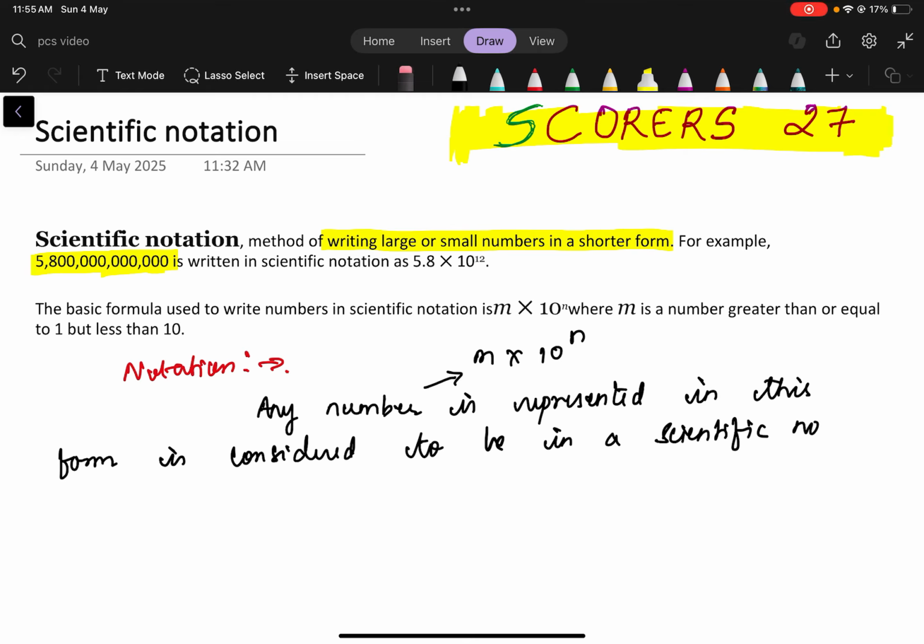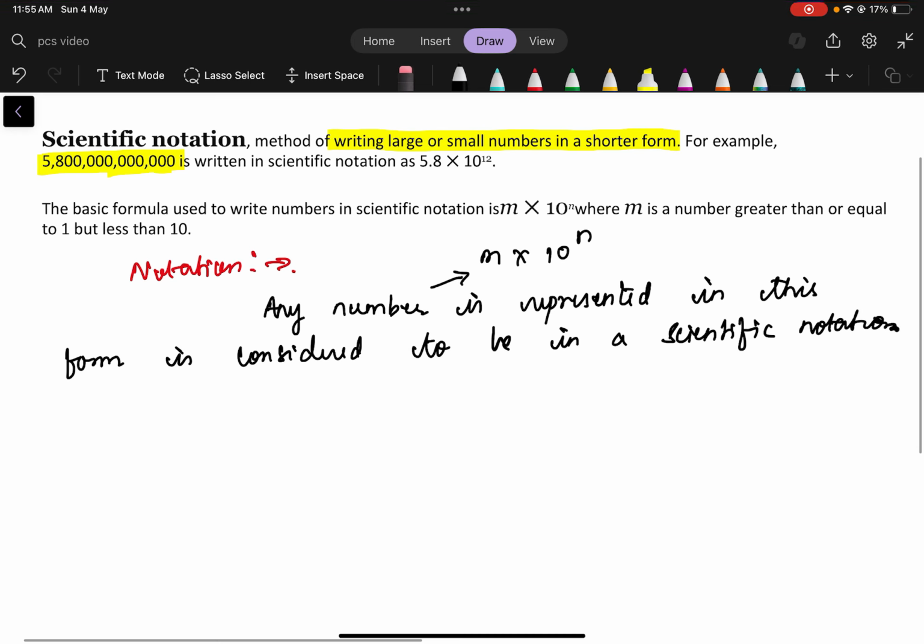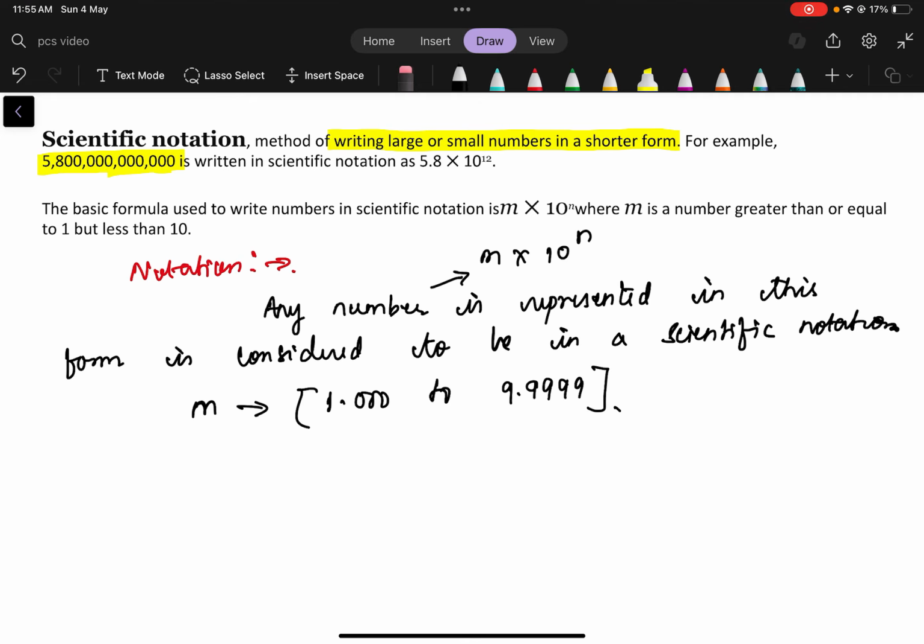Here this m can take the value of 1.000 to 9.999, but it is always less than 10. M is always greater than or equal to 1 but less than 10. So any number represented in this form is considered to be in scientific notation.